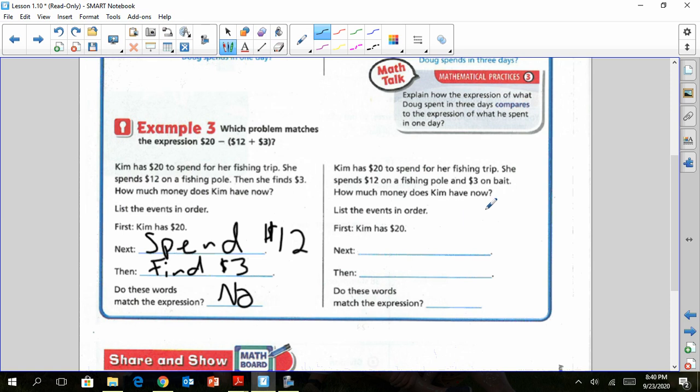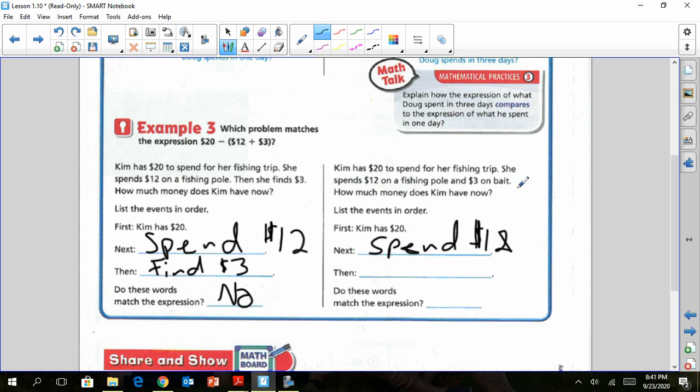Kim has $20 for her fishing trip. Starts out the same. What did you start with? $20. She spends $12 on a fishing pole. Spends $12. Then what happened? Well, then she also spent $3 on bait.